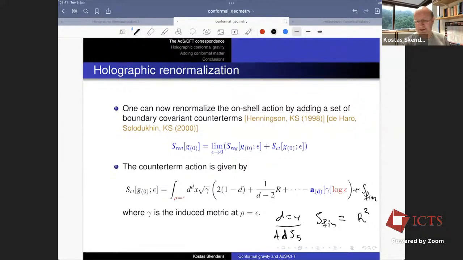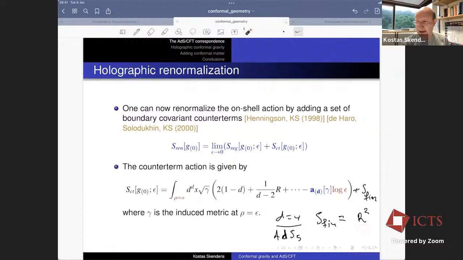When you discuss correlation functions of composite operators, you can introduce sources that couple to them, and then the renormalization of composite operators involves counterterms that use only the sources, not the elementary fields. So it's a classical source, like this R squared piece over here.